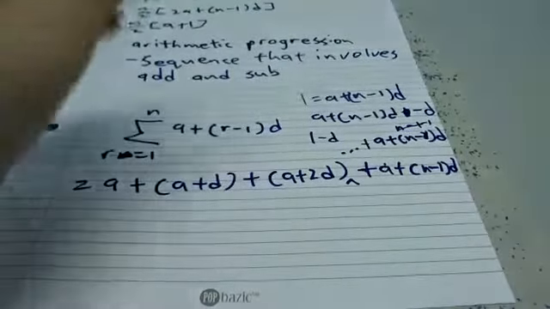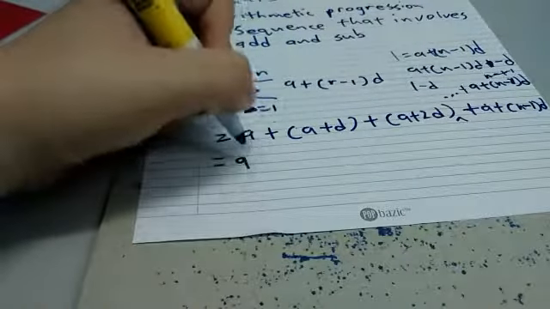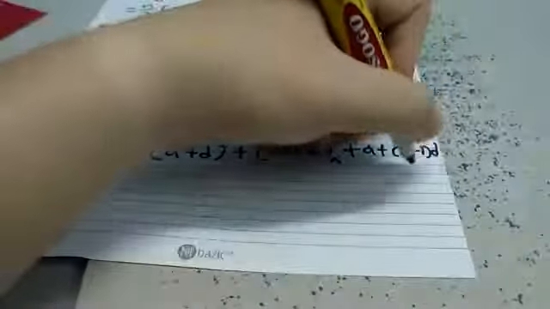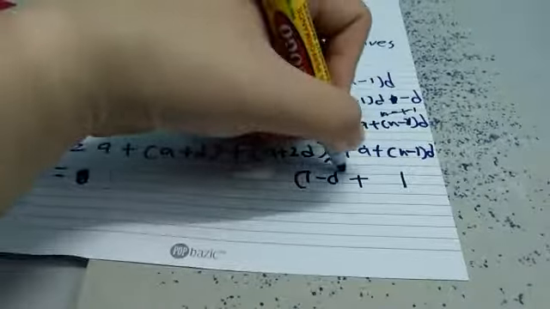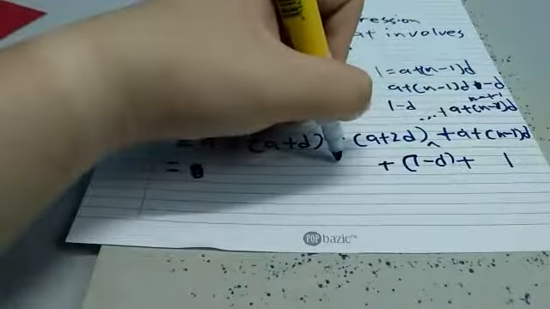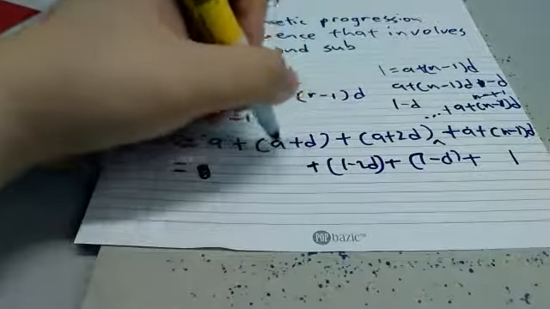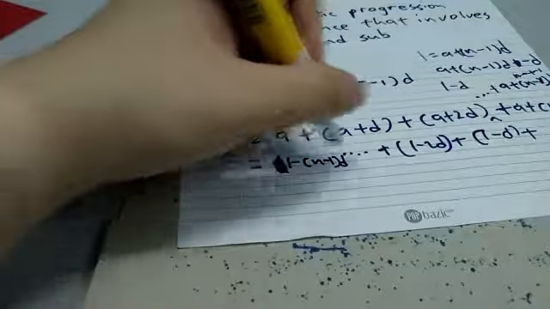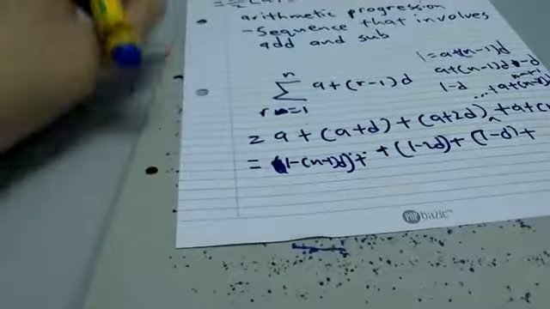As you can see, the pattern continues. So this is going to equal L + (L - d) + (L - 2d) plus until L - (n - 1)d.